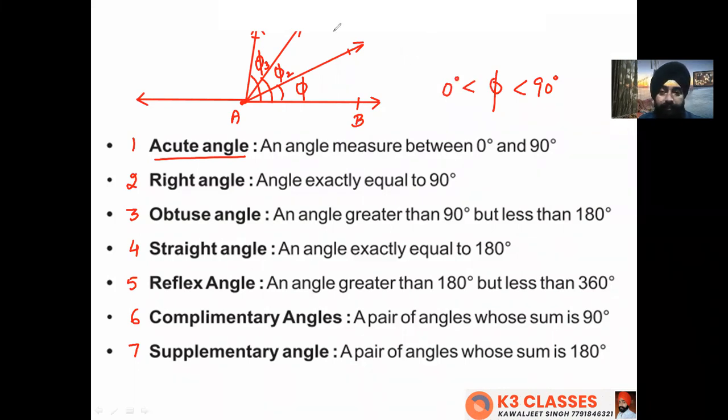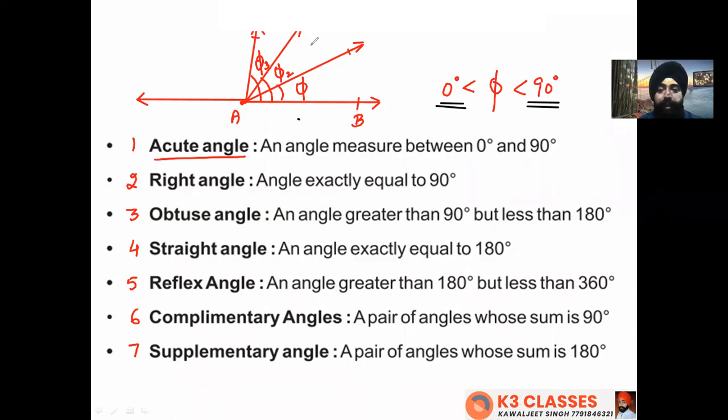As we have discussed, if the angle between the two rays is between 0 degree and 90 degree, meaning greater than 0 and less than 90, then we call it an acute angle.